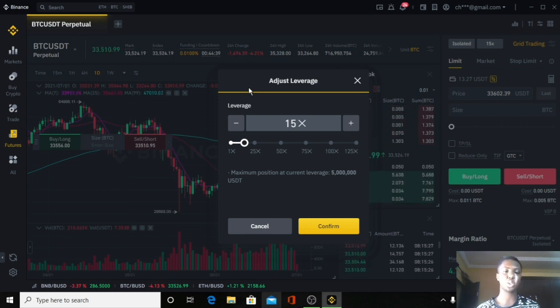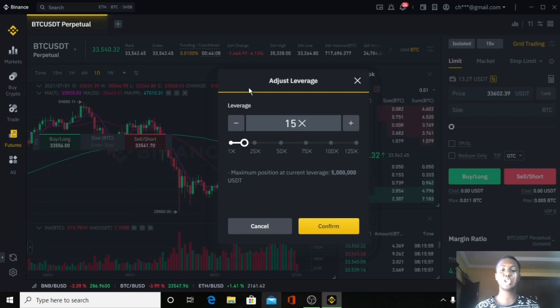I'll do 10 times 1, which is still a 10% change. But assuming I'm using 15x leverage and BTC moves 20%, that would be 20 times 15, because you always multiply the percentage by the leverage you're using to find how many percent gain you've made. So 20 times 15 gives me about a 300% increase in my money.